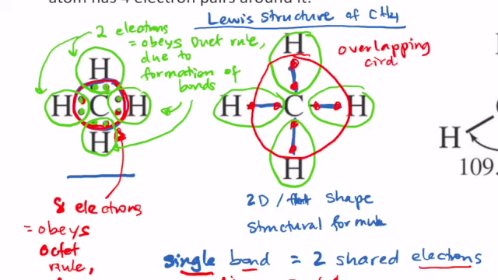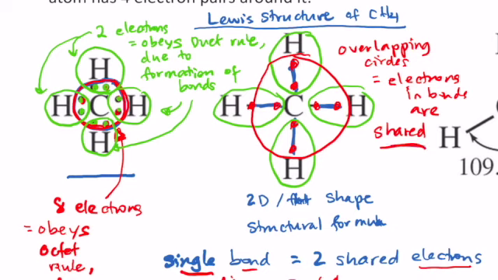And what those overlapping circles indicate are that these are electrons that are shared. So those are electrons in bonds are shared. And that's what we've been saying, is that these are shared electrons. This is a covalent bond. Individual bond, there's 4 of them. Each individual bond is a shared pair of electrons.